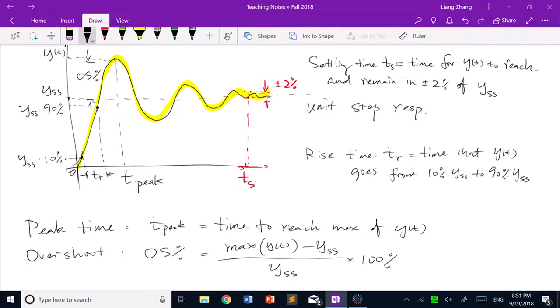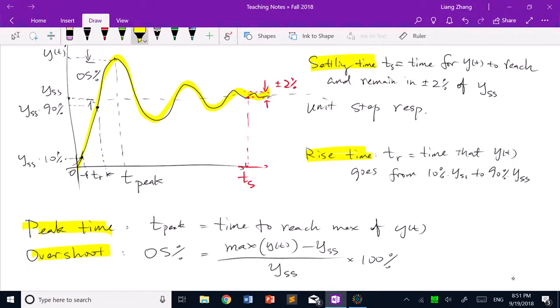And these are the four most commonly used performance measures of transient response, especially when we look at the unit step response. So let me repeat: peak time, percentage of overshoot, rise time, and settling time.